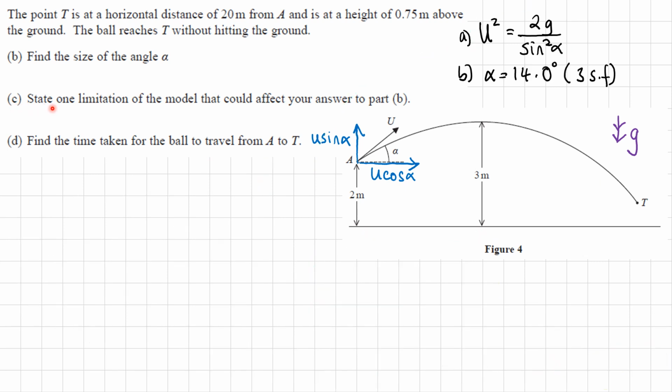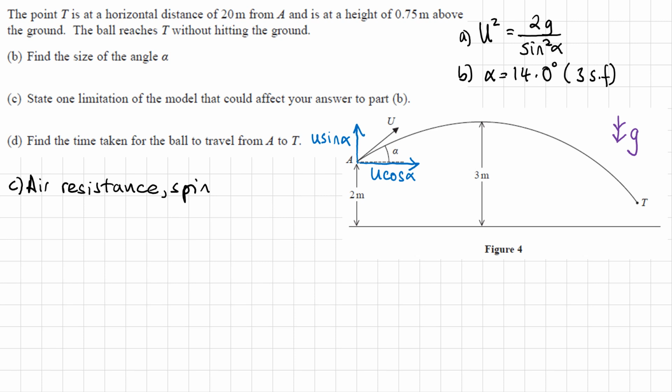Part C, state one limitation of the model that could affect your answer to part B. Now always look back at the original question and see if anything's been ignored. In this question it doesn't say anything about ignoring air resistance or anything like that. So we could mention air resistance. That will make a difference. We could talk about the spin of the ball.